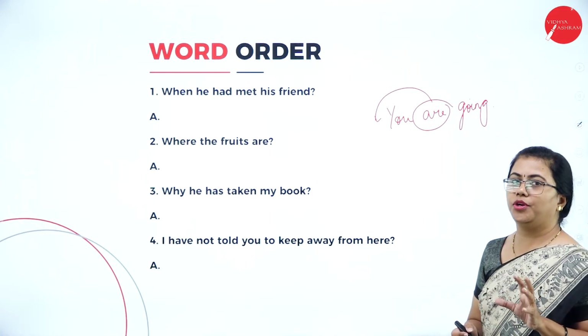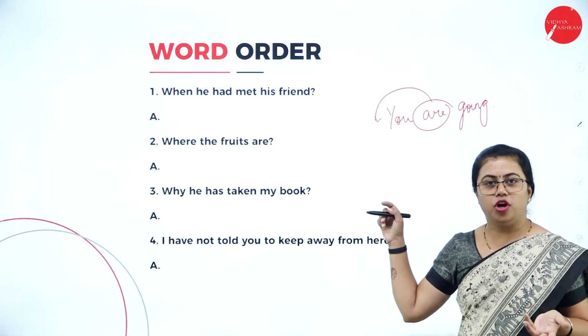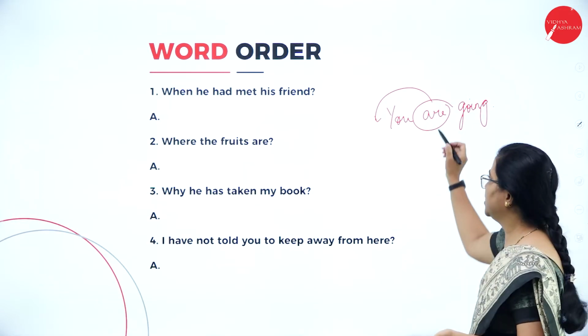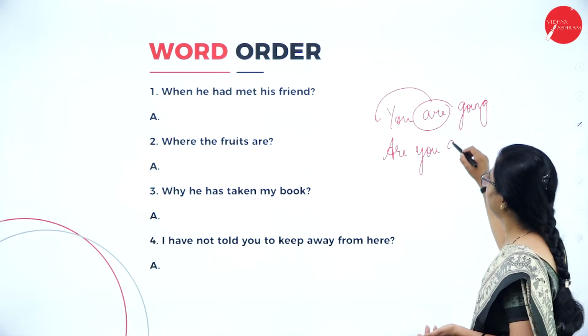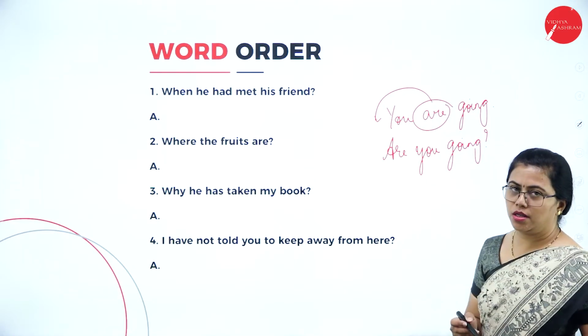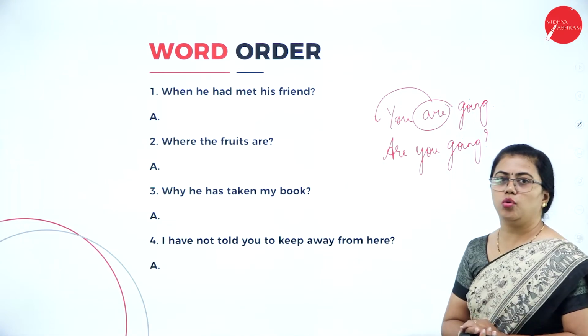With a question tag: you are going, aren't you? If I want to change it only to a question, instead of adding a question tag, I just put the verb here. So: are you going? With a question mark. This way the auxiliary verb can be put in the beginning and made into a question.